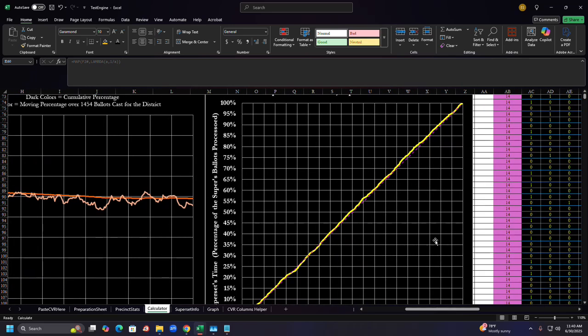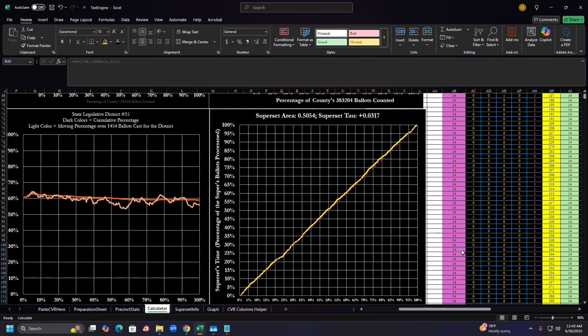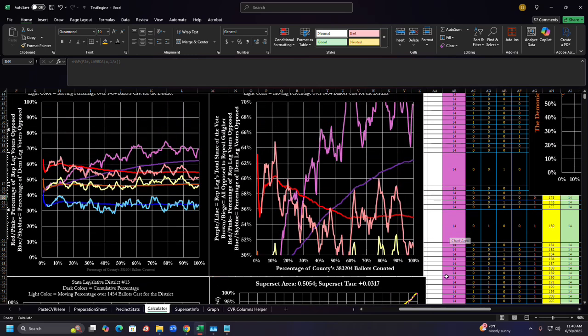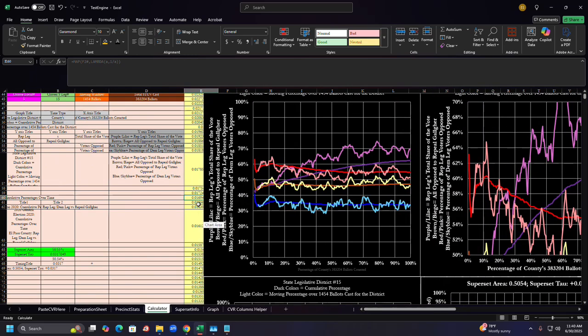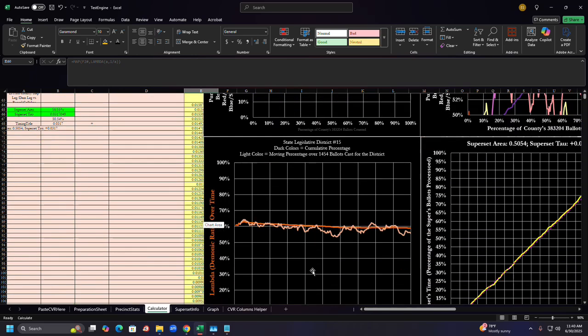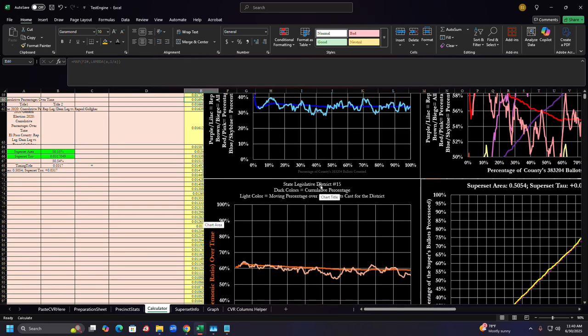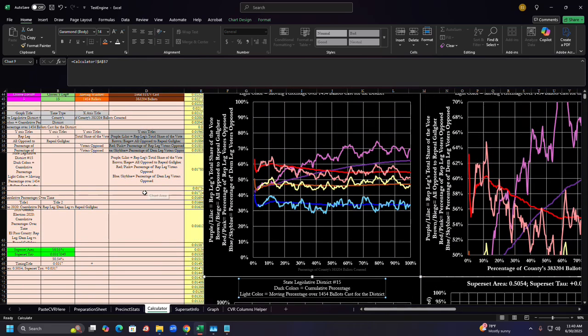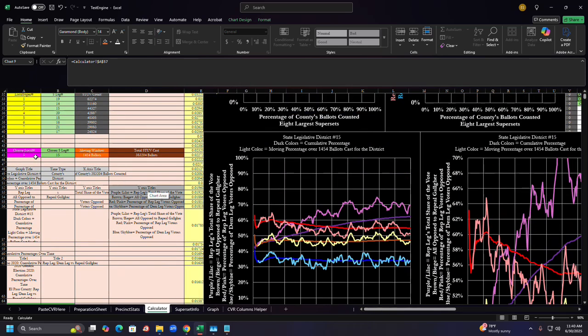This graph here, so you understand what time is. This graph, for any particular precinct or legislative district, so right now we're on legislative district 15. Let's go to maybe one that has a different clock speed. Let's go to 1.